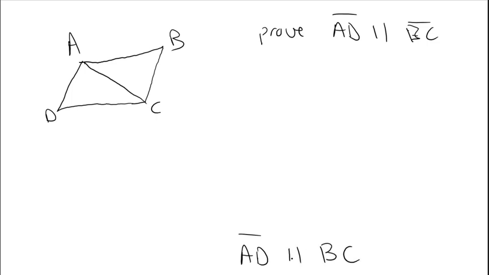But to prove parallel lines, based off a previous chapter, we need to show that either corresponding angles are congruent, alternate interior angles are congruent, or the same side interior angles are supplementary.